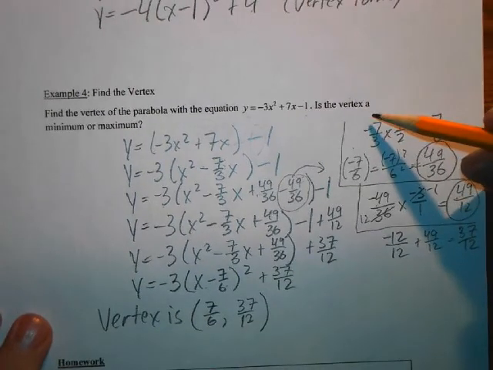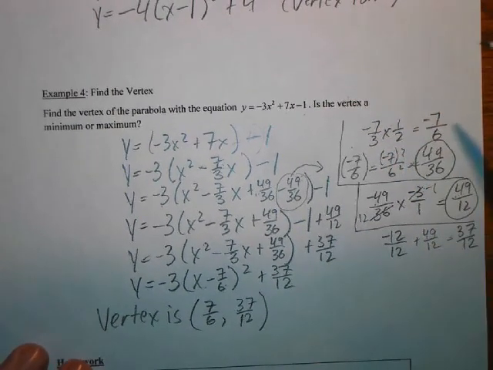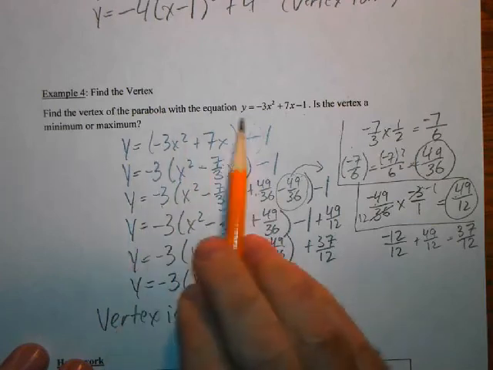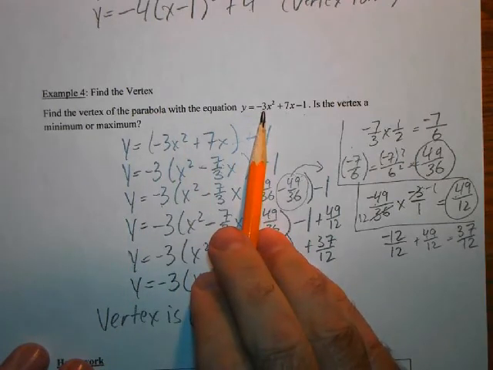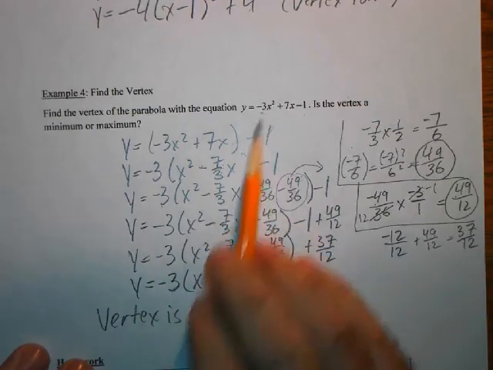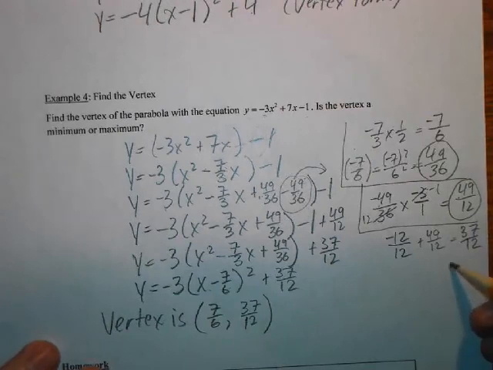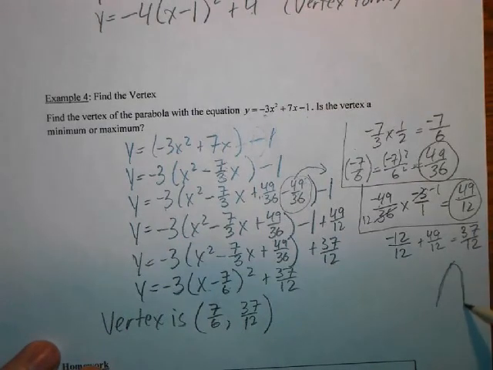So this has to do with whether the parabola opens up or opens down. And that's totally dependent on the value of a. So you notice the value of a in the standard form is the same as the a in the vertex form. That will never change. So if a is negative, that means the parabola is reflected. So it looks like that.